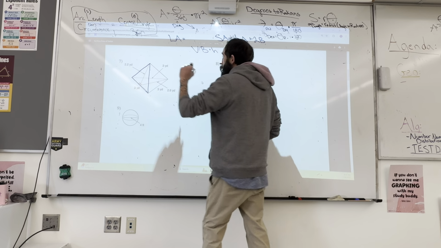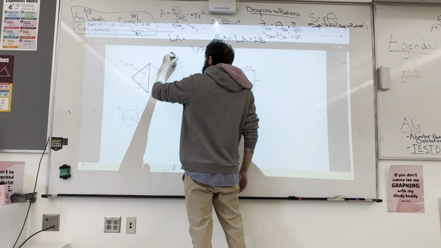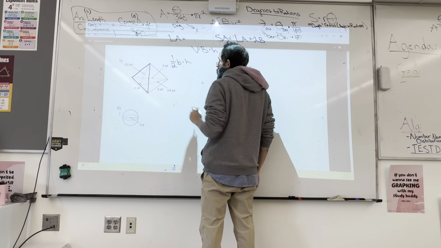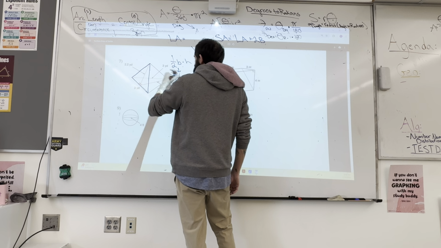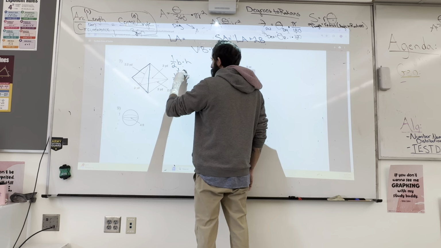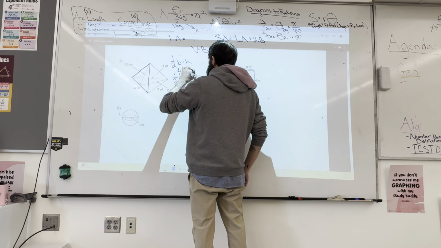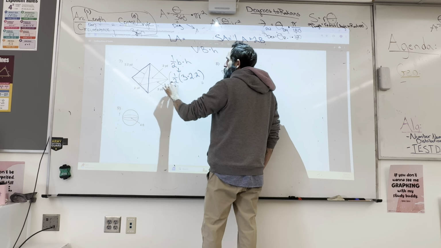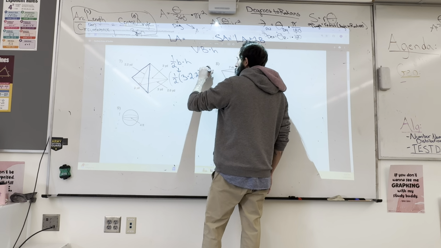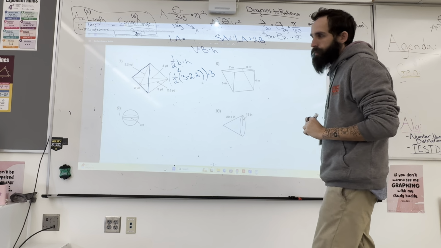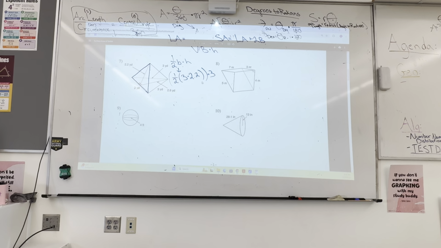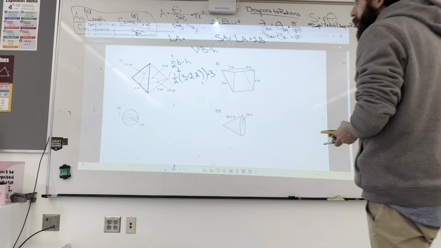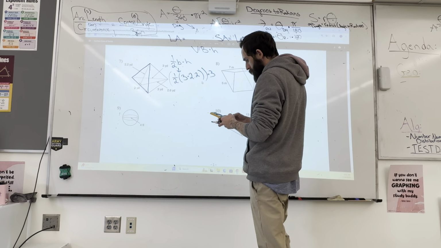So if the area of a triangle is 1/2 base length times the height, we would have 1/2 times 3 times 2.2, and this we would have to multiply by 3 because there are 3 of those triangles. Where did I put my calculator? 3 times 2.2 should be 6.6, I think.